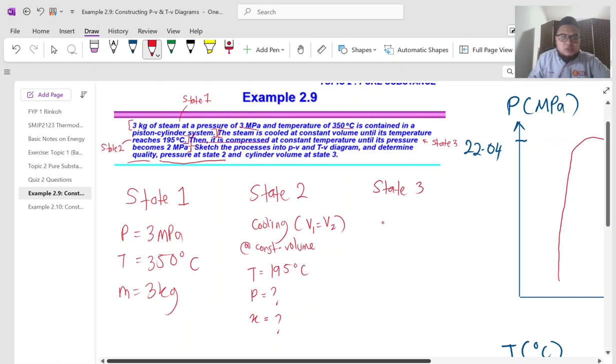So T3 equals T2, and the pressure is 2 megapascals. The question further asks for the cylinder volume at state 3, so we do not know the volume either.